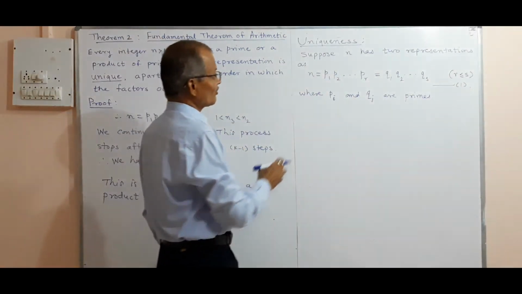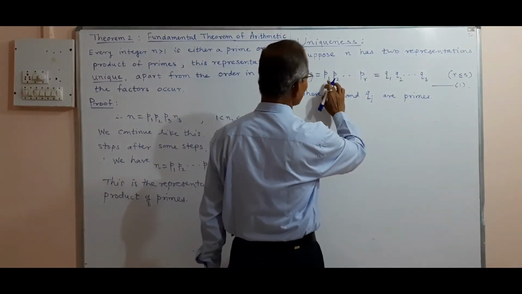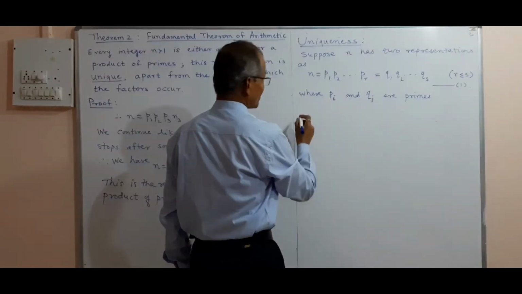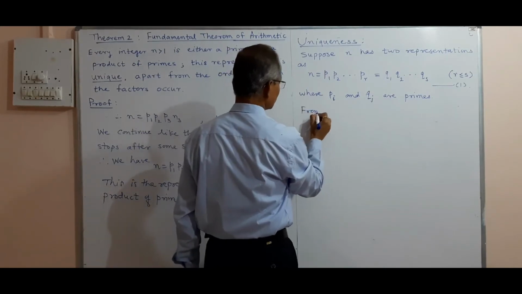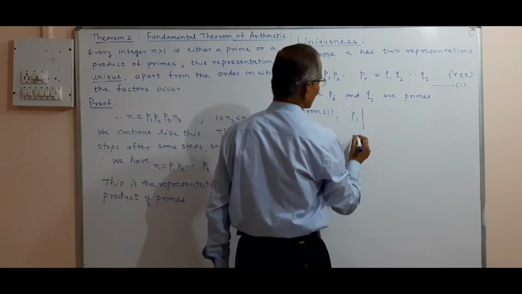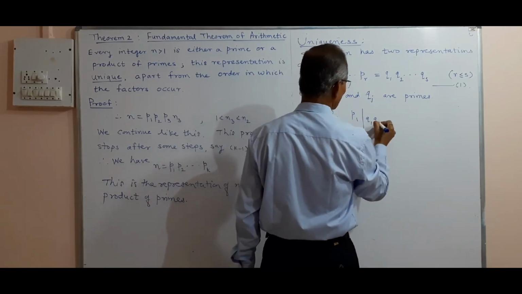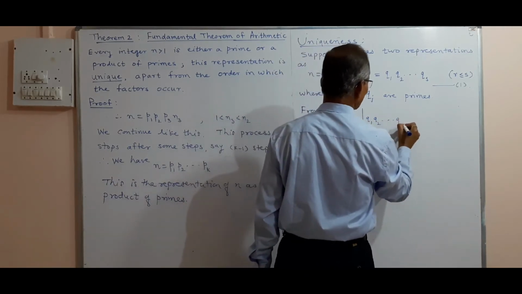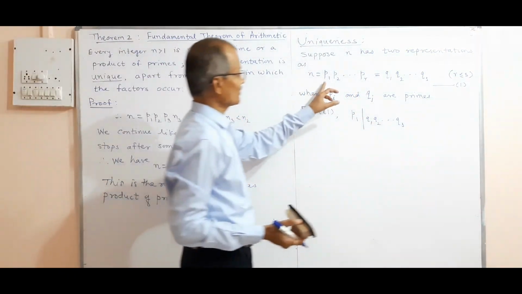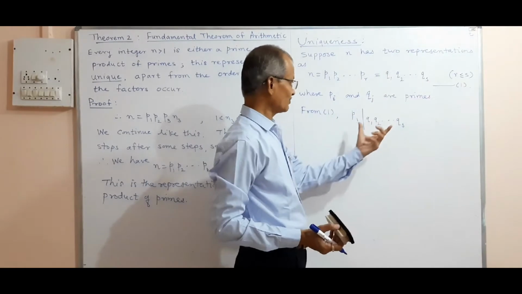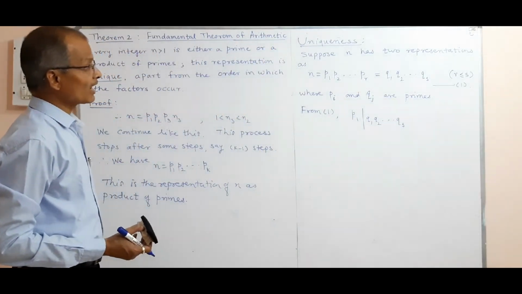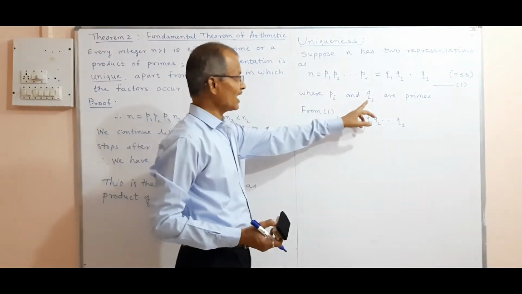Now from one, what we can say is that p1 divides q1 q2 up to qs. P1 is a factor of this right side, and that means p1 divides the right side. And all are primes, pi and qj.